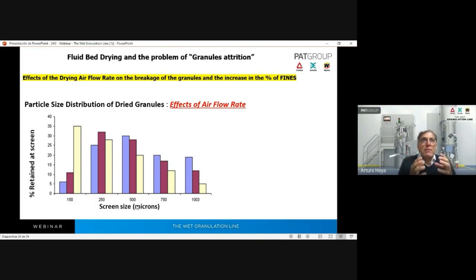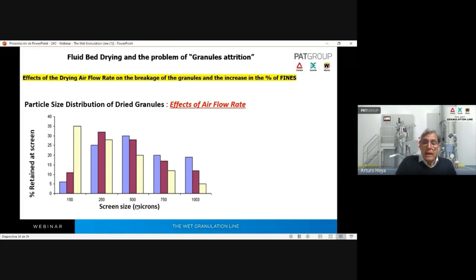So the pharmaceutical industry needs to define the optimal flow rate, not use just any flow rate. The flow rate must be configured, must be defined. What is the optimal flow rate for a defined formulation? It's impossible that all formulations have the same optimal flow rate.